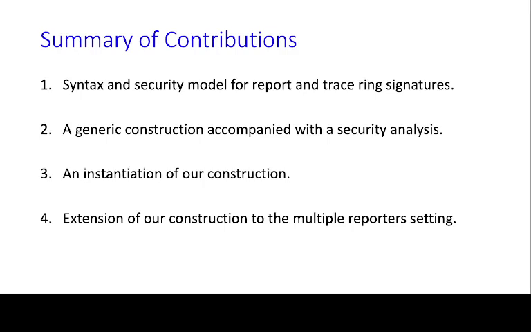We then detailed an instantiation of our construction and outlined the efficiency of our generic construction and instantiation. Finally, we extended report and trace to the multiple reporter setting and showed that our generic single reporter construction can be extended to the multiple reporter setting straightforwardly.